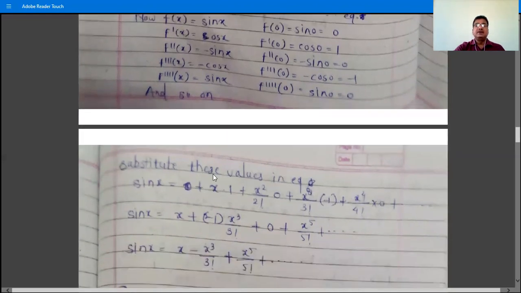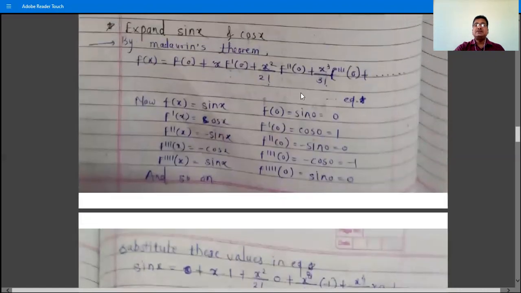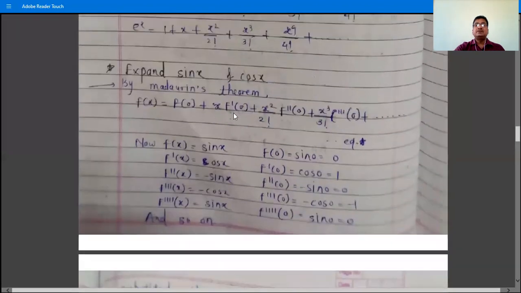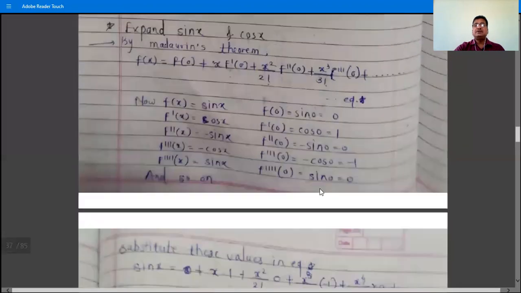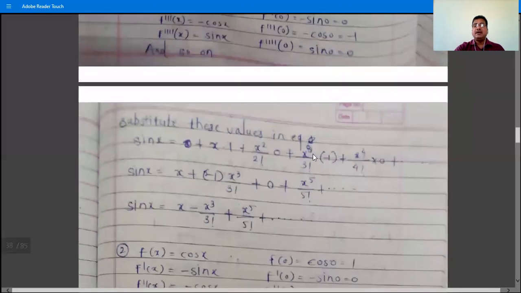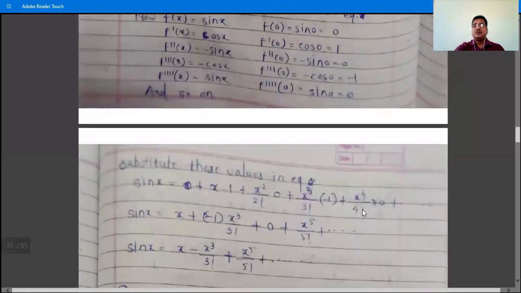Substituting these values in equation number star, we get f(x), the value of f(x) meaning sin x. f of 0 is 0, plus x times f dash 0 which is 1, plus x square by 2 factorial times f double dash 0 which is 0, plus x cube by 3 factorial times f triple dash 0 which is minus 1. Then x raised to 4 by 4 factorial into 0, the value of the fourth order derivative.